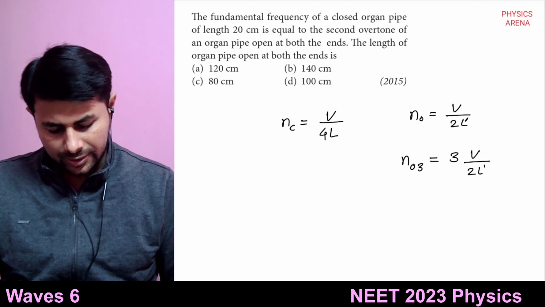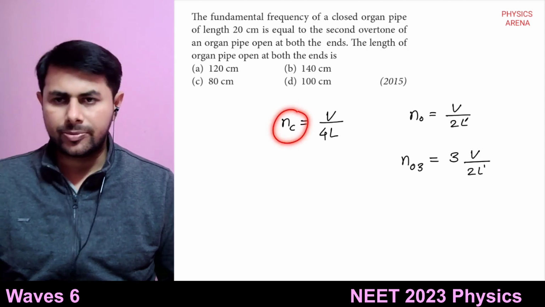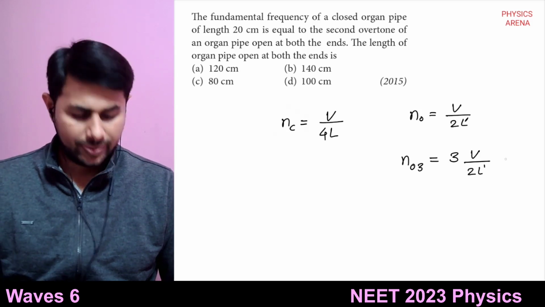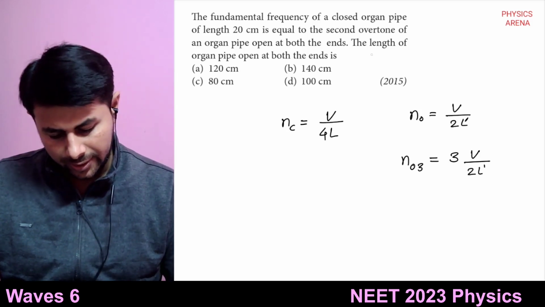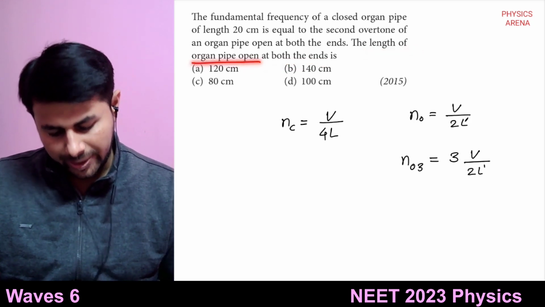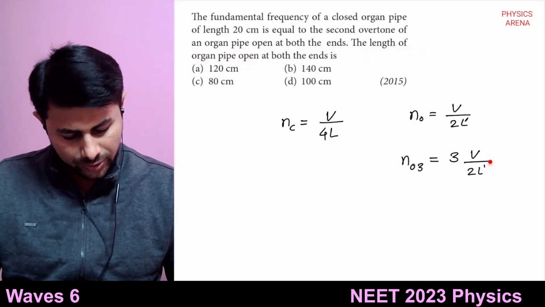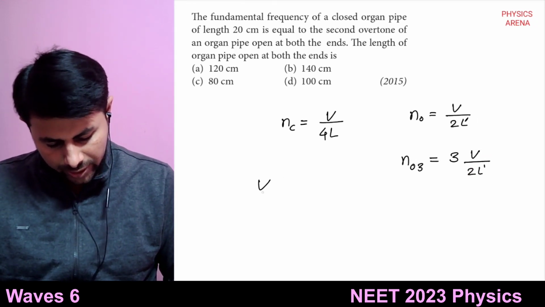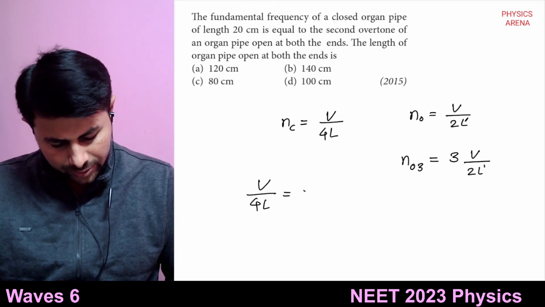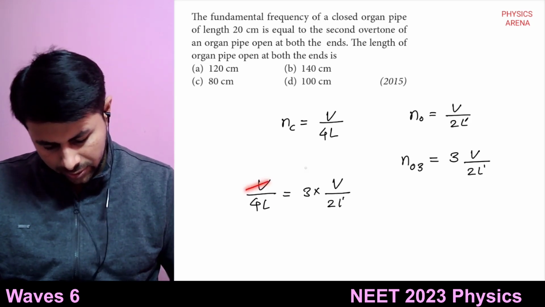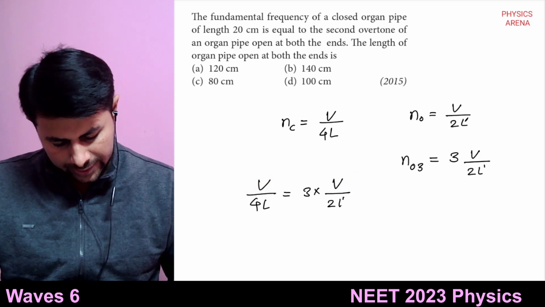So it's given that the fundamental frequency of the closed pipe is equal to the second overtone of an open pipe of some length. And the question is, what is the length of the open pipe? So L dash is what we have to find out. So let's equate the two. V upon 4L is equal to 3 times V upon 2L dash. So V gets cancelled.